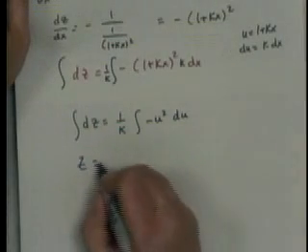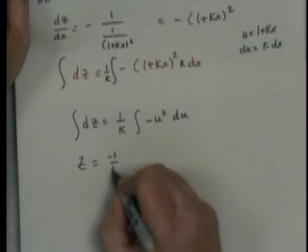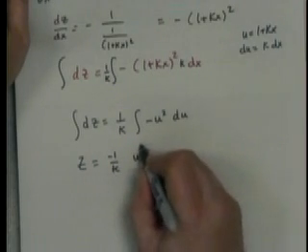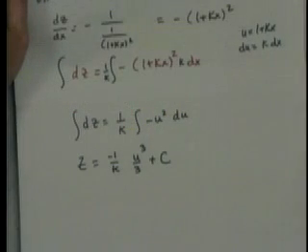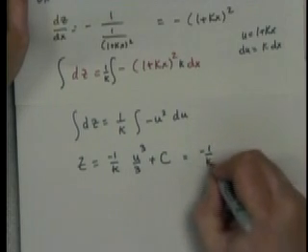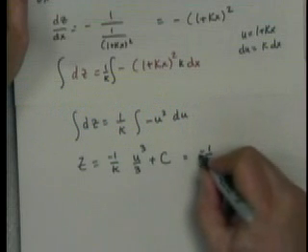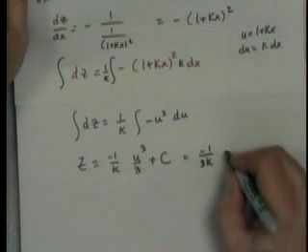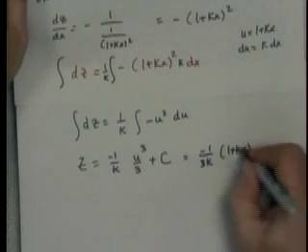So z is going to be negative 1 over k times u cubed over 3 plus some integration constant. And then I substitute back in. I'll put that as negative 1 over 3k times 1 plus kx to the third.